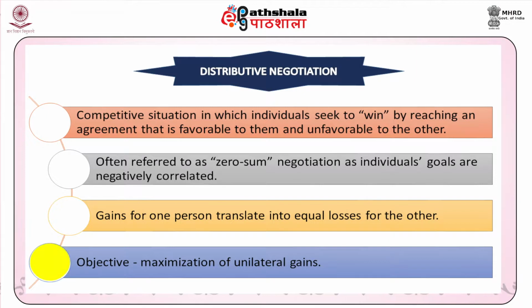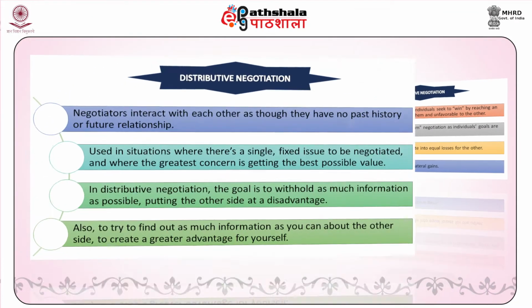The objective of distributive negotiations is the maximization of unilateral gains, and each person tries to maximize self-gain and obtain the largest possible share of a fixed pie.